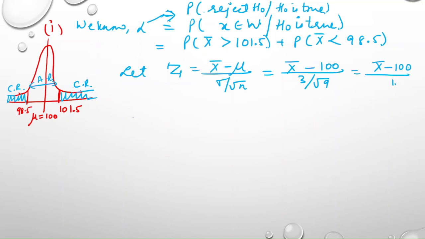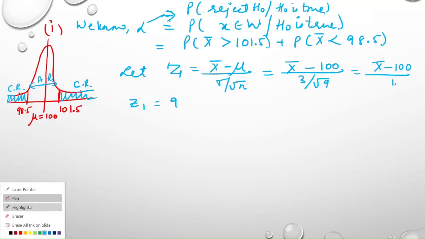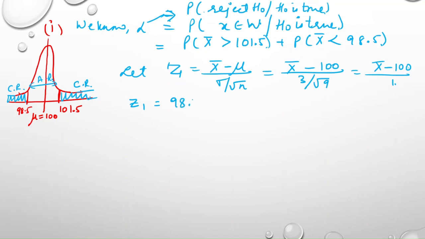So now Z1 when X bar is 98.5 minus 100 would be minus 1.5, and Z2 would be 101.5 minus 100, that's 1.5.